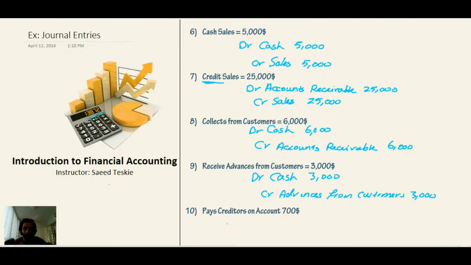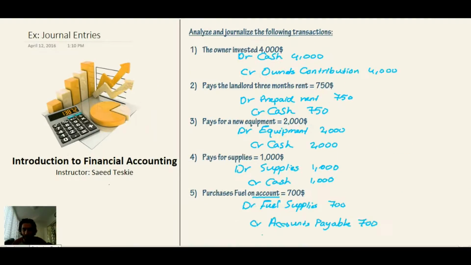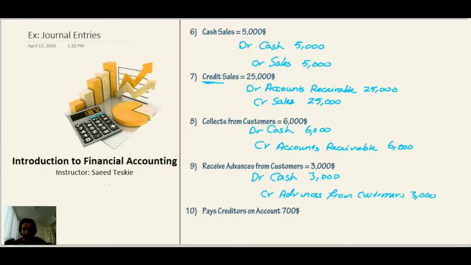Okay, we paid creditors on account, because here we have purchased fuel, for example, on account. So now we will pay this owing balance.